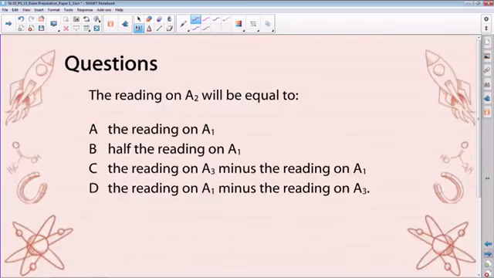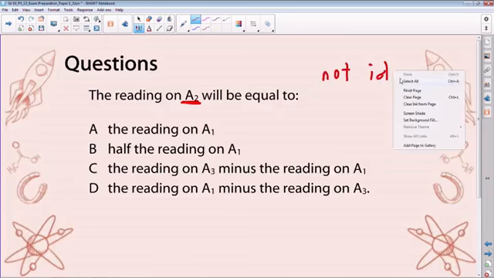Option A says the reading on A2 will be equal to the reading on A1. Remember, we said they are not necessarily identical. Very key. Now, what is important as far as multiple choice is concerned is that of the four possible options provided to us, only two of them more or less are relevant, and one of them is the most correct answer.